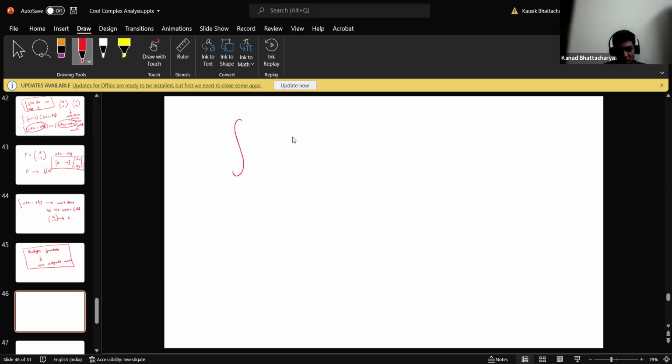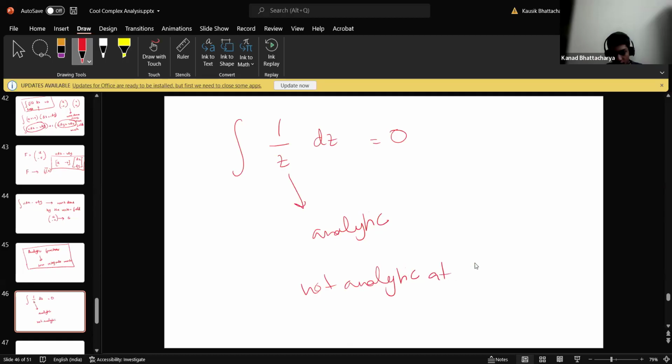Let's look at the integral of the function 1 by z dz, right? If you actually evaluate this, you might say, okay, this should evaluate out to zero because 1 by z is analytic. Well, here's the catch. 1 by z is actually not analytic at zero, so this integral does not actually evaluate out to zero.